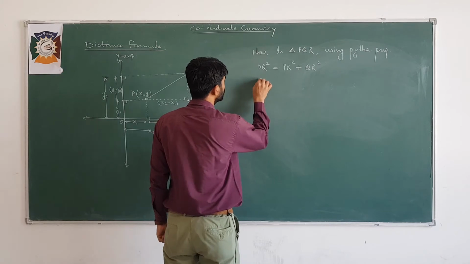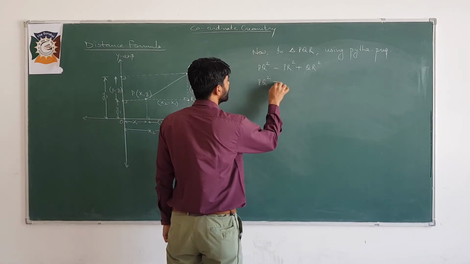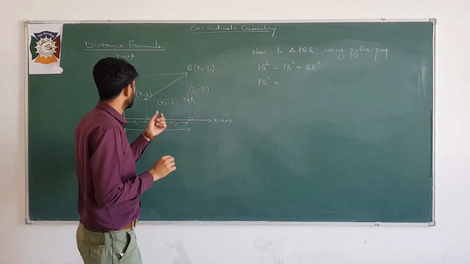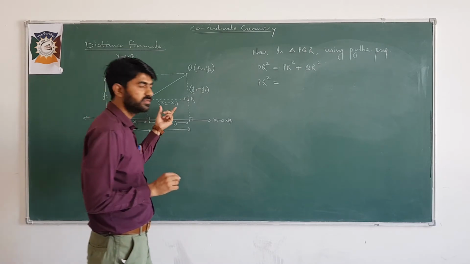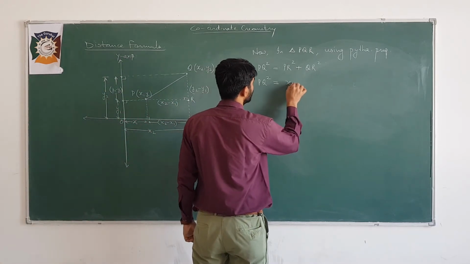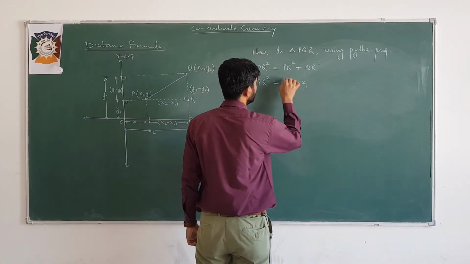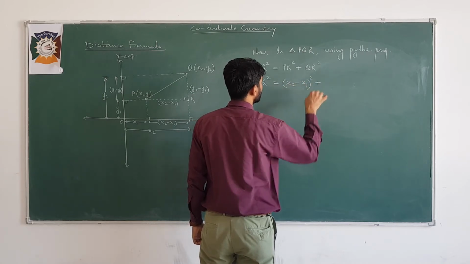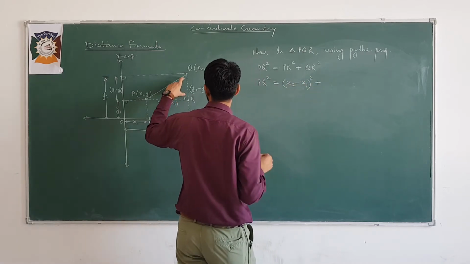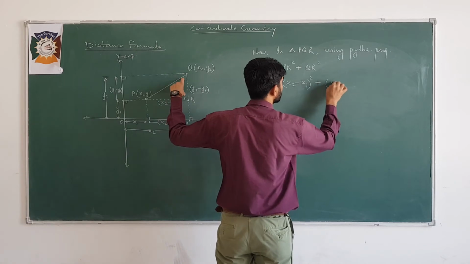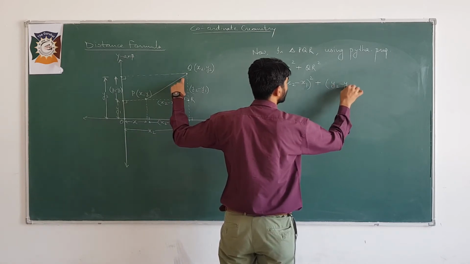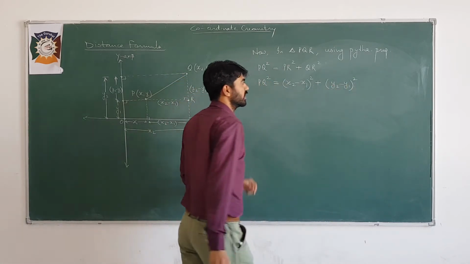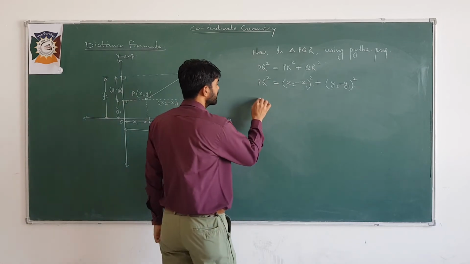So PQ square is equal to PR, which is x2 minus x1 whole square, plus QR, which is y2 minus y1 whole square. Then what is distance PQ?